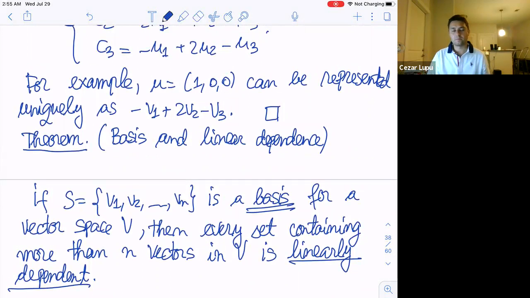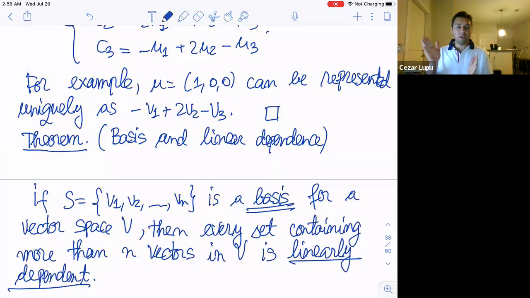Now we have the following theorem for basis and linear dependence. The theorem states the following. If I have a set S of vectors v1, v2, up to vn, which is a basis for a vector space V, then every set containing more than n vectors in V is linearly dependent.